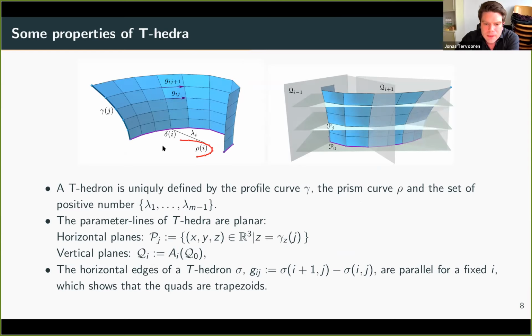Further, all the parameter lines of a T-hedron are planar, and the horizontal lines lie in the planes that are defined by the z value of the profile curve, and the vertical lines lie in the planes that we obtain after rotating the original plane Q0. Further, all the horizontal edges of a T-hedron are parallel for fixed E, which turns all the quads into trapezoids. That is where the name T-hedra comes from.